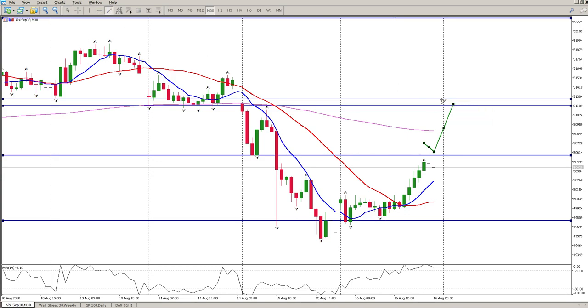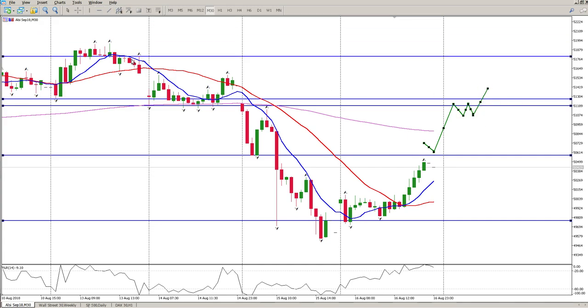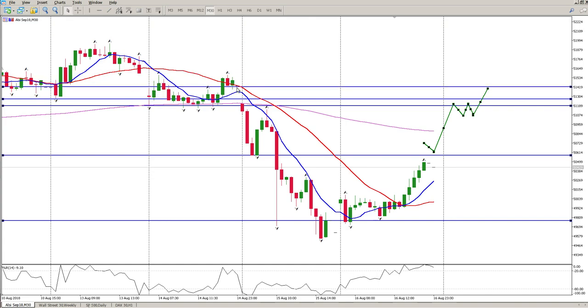And then in this area here, I suspect we kind of do this, before we attempt to close that open gap. Okay, and that's kind of what I'm expecting today.